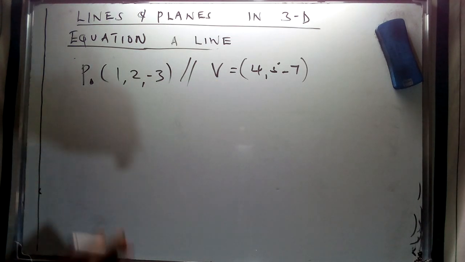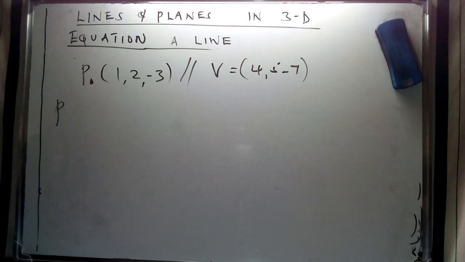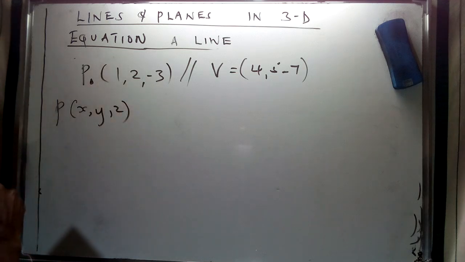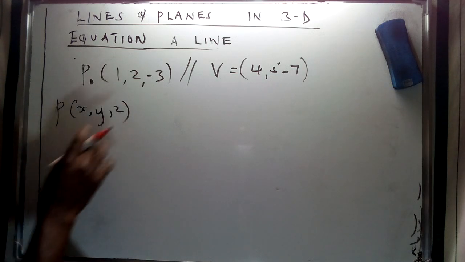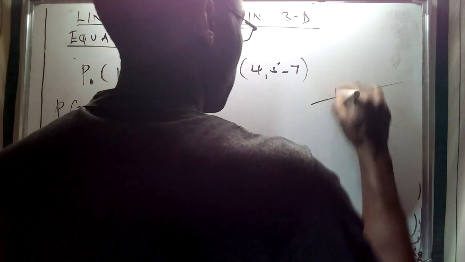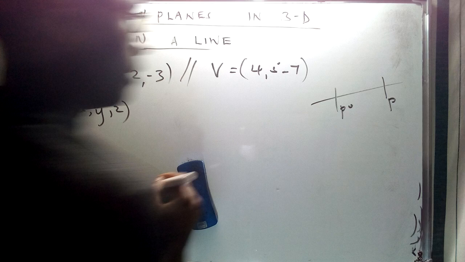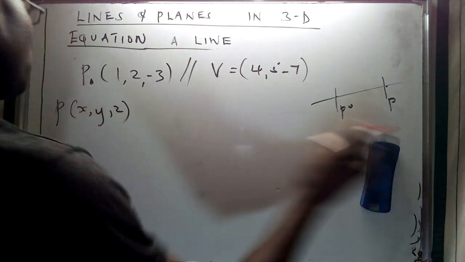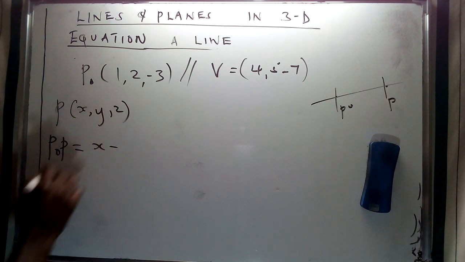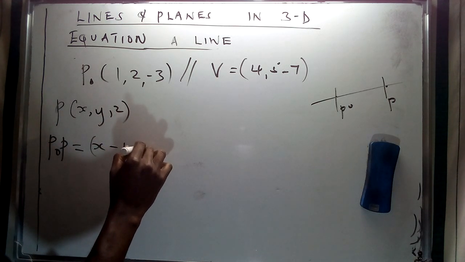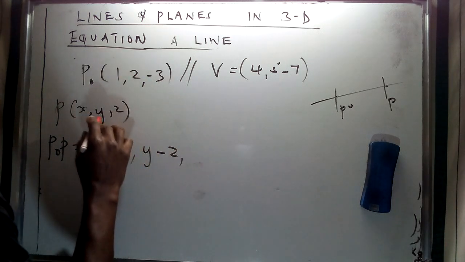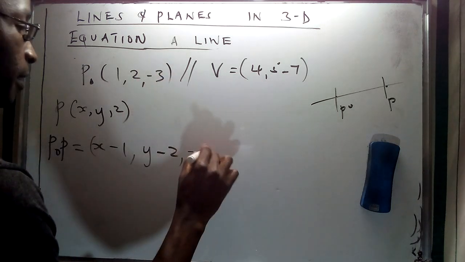So we can have a general point P, given as x, y, and z, on that specific line, which we can call L. So the vector P0P can be represented as x minus 1, y minus 2, and z minus 3, which is positive 3.